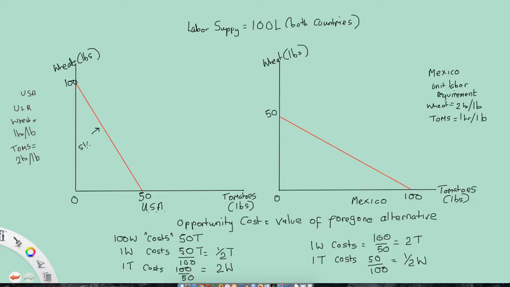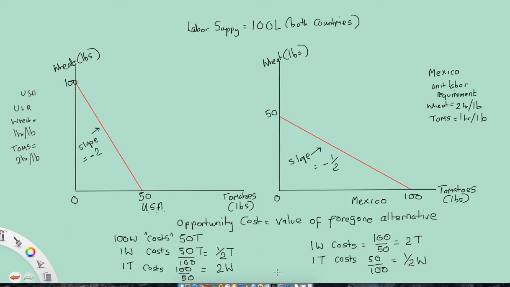So the slope is negative 2, so it's negative 100 divided by 50 in the US, and the slope here is negative 50 divided by 100, so that's negative a half.